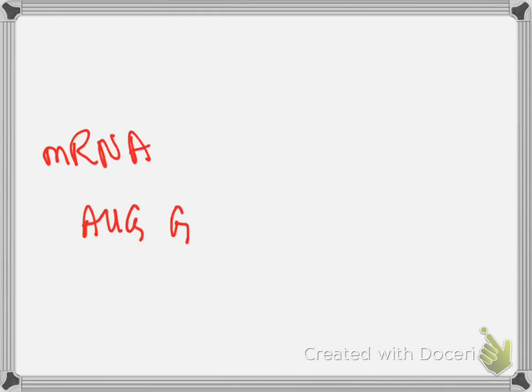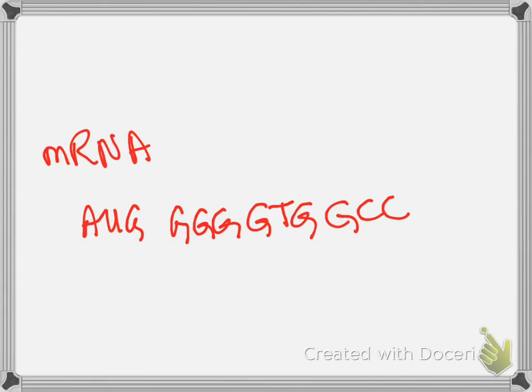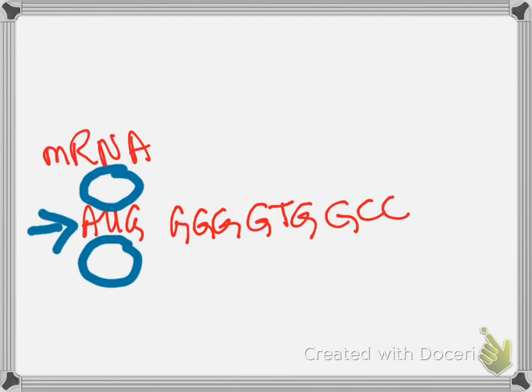You remember in translation, you have your messenger RNA, and let's say you have your different amino acids, and your ribosomes are coming in and they are going to read down the messenger RNA, and there is an A site and a P site.